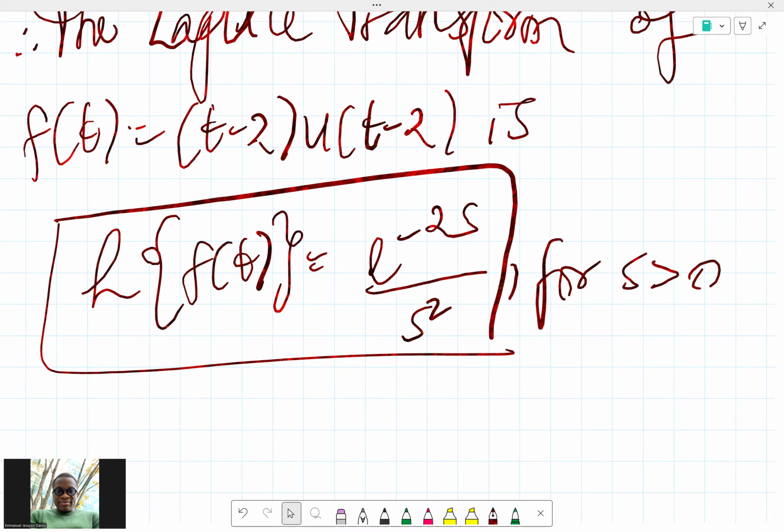So these transforms are essential for analyzing piecewise functions, especially in control systems and signal processing. By using the shift property, we can transform functions that involve delays or changes.